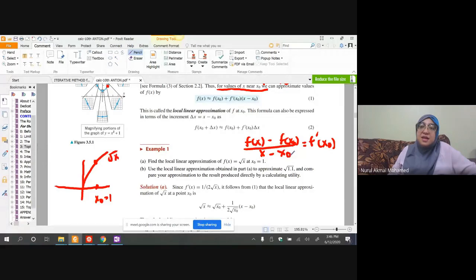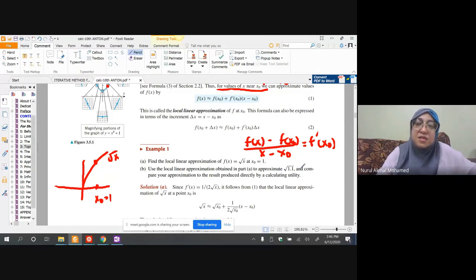1.1 means that your x is equal to 1.1 and your x naught is equal to 1, and this is close enough, so you are able to use this formula in equation 1.